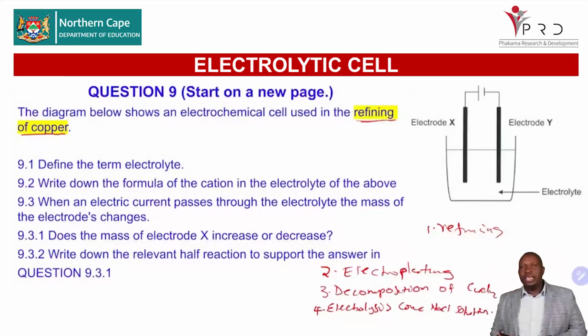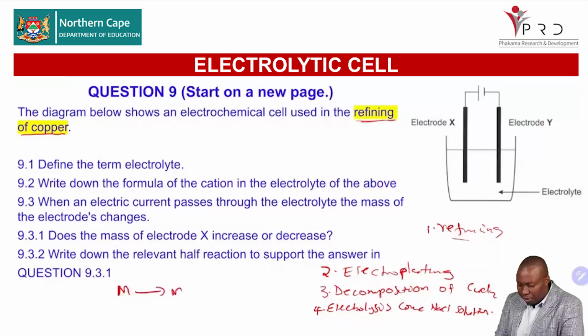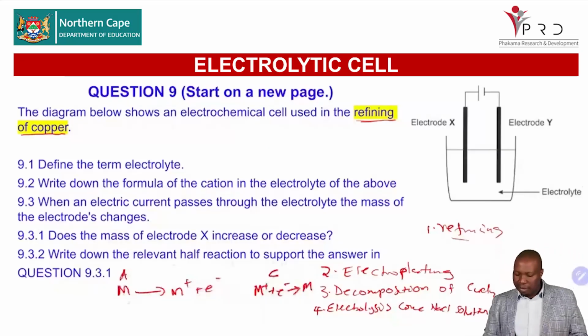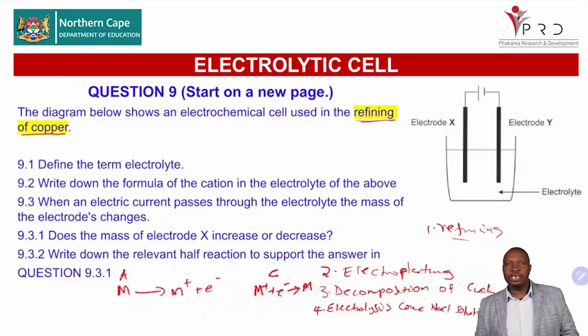Without wasting any time, the understanding here is that during purification, it is the metal that loses electrons to form metal ions, and this loss of electrons is at the anode. At the cathode, we always write the reverse reaction, which is the same reaction in reversed order. The same happens in electroplating.